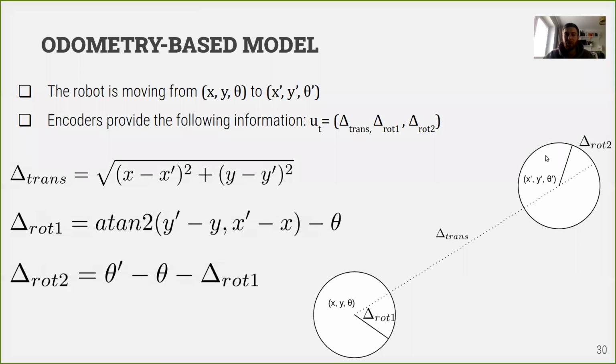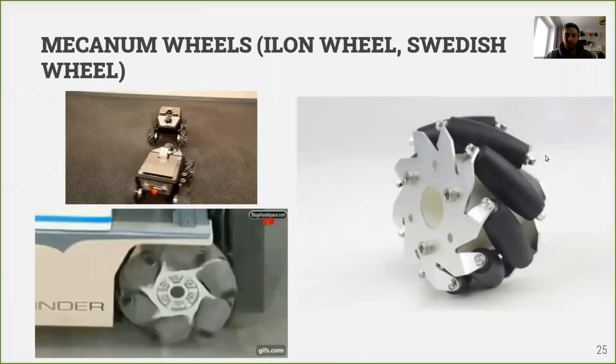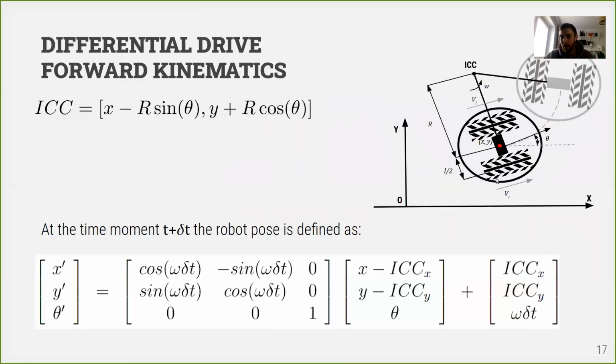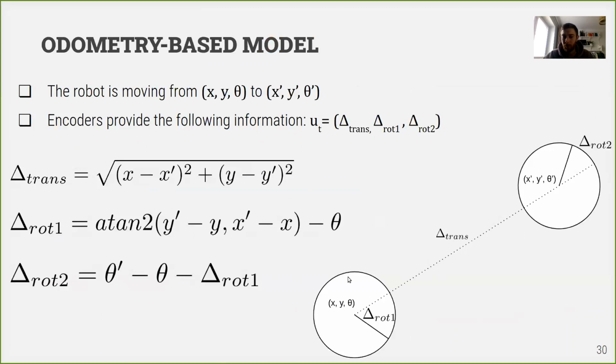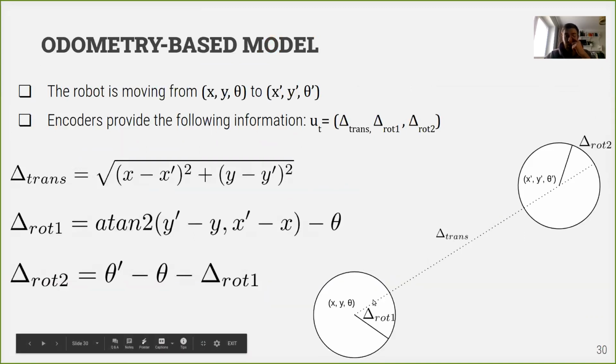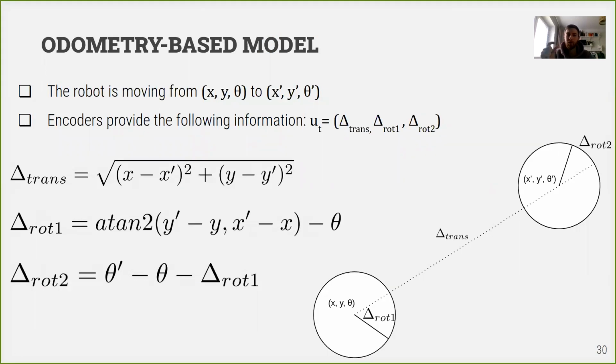Of course, this is a simplification, and many robots, as we saw, for example, this differential drive robot, actually move on a circular arc, and such a model is quite a simplification. But for us, it is okay because it allows us to predict motion. And actually, since we are using really short delta t's, really short time increments, this short straight motion can approximate any complex curve, even a circular arc.